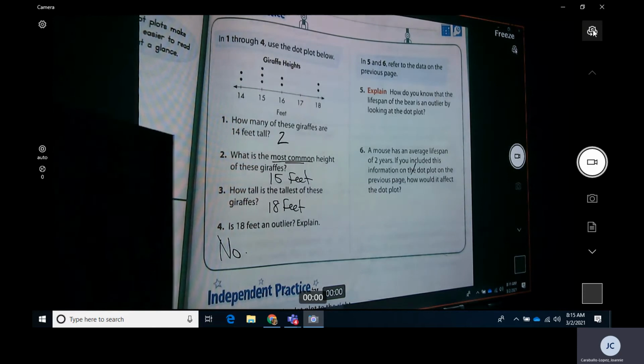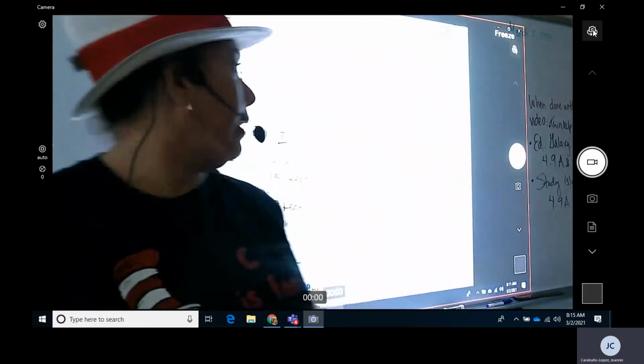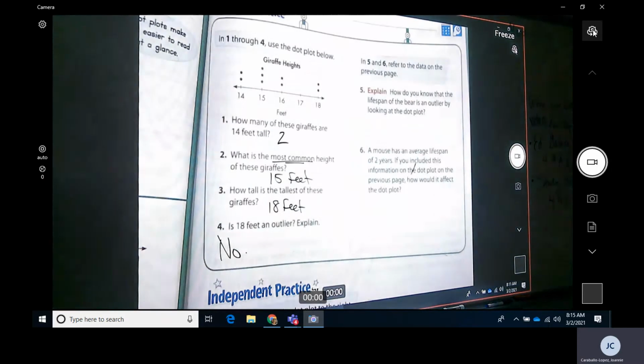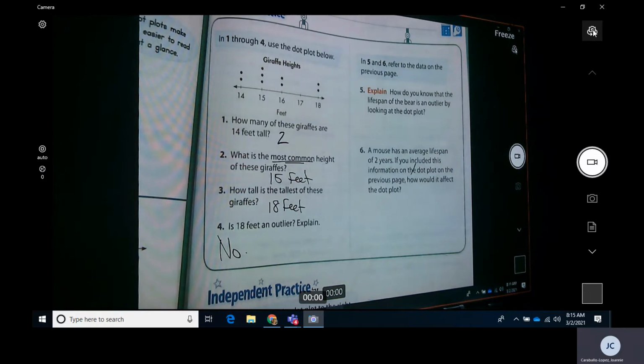So on page 842, okay, you have this chart that you need to look at to be able to answer 5 and 6. 5 says, explain how do you know that the lifespan of the bear is an outlier looking at the dot plot? Okay, so most of the animals, their lifespan was between 7 to 10 years, right?